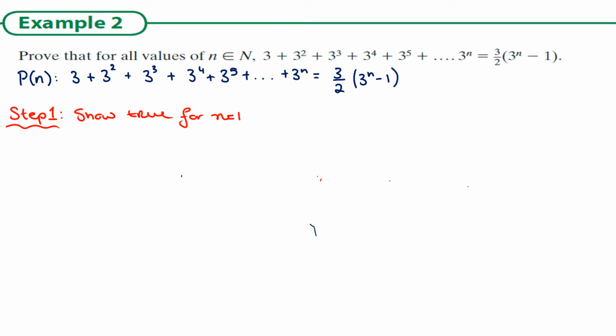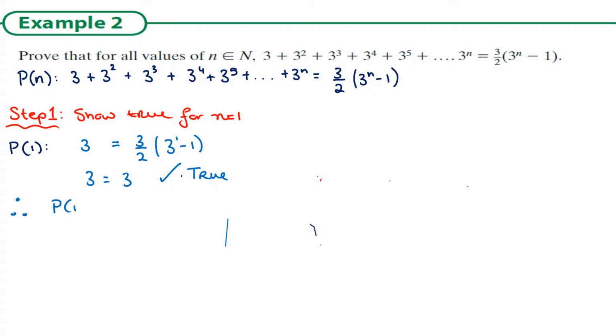So we're going to do P1, the proposition where n equals 1, and we get 3 is equal to 3 over 2 times 3 to the power of 1 minus 1, so that's 2, so therefore 3 is equal to 3, therefore true. You could also say therefore P1 is true if you want to use that notation. As long as you're showing it's true, it doesn't matter.